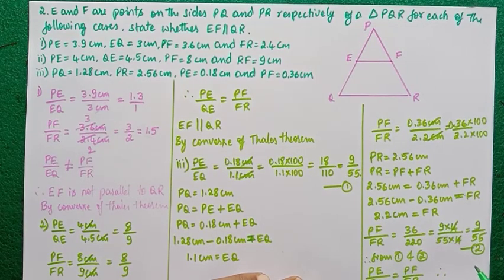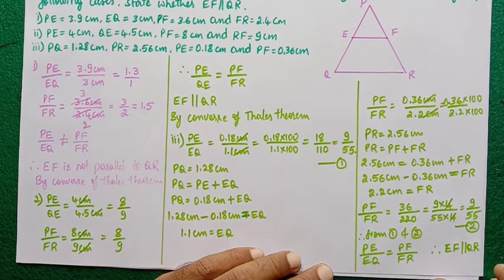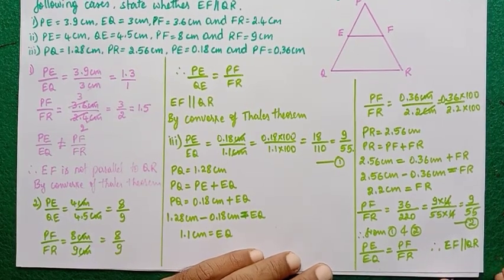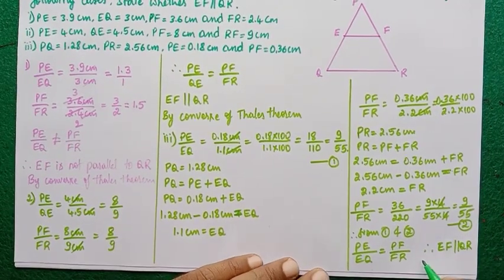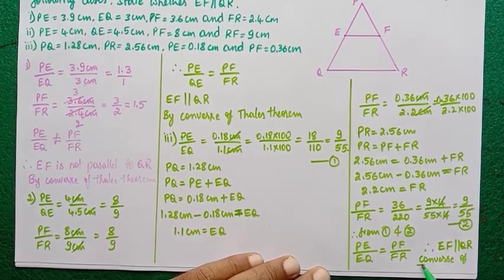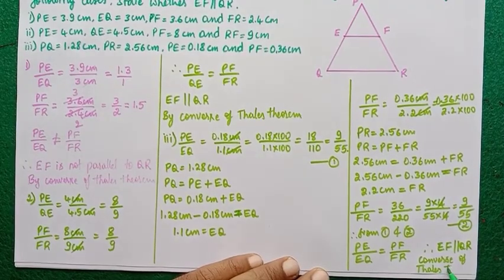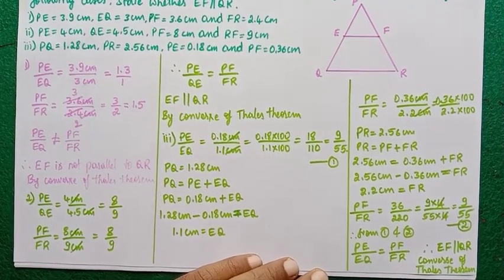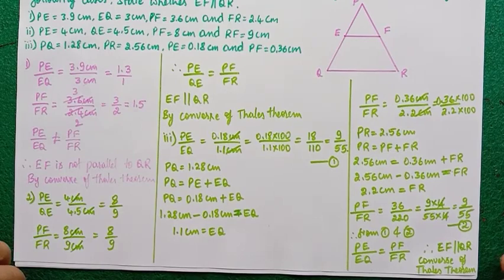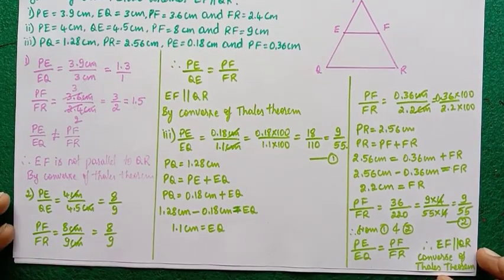Therefore, we can write that EF is parallel to QR, by the converse of Thales theorem. By the converse of Thales theorem, this problem is completed.